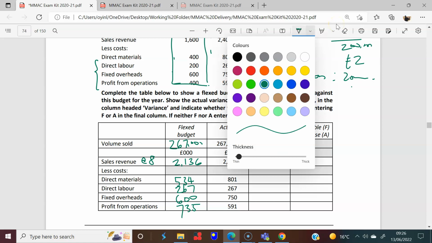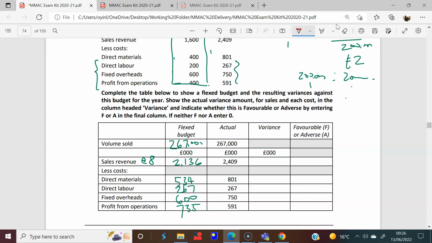I'll use red for adverse. Here we're expecting you to have done 2136, but you've done 2409. So I'll change my pen color to black for a positive: 2409 minus 2136, and that's 273 favorable variance. Here you were to spend 534, but you spent 801, so I'll use a red pen. 801 minus 534, so you have 267. Here there is nothing, no variance.